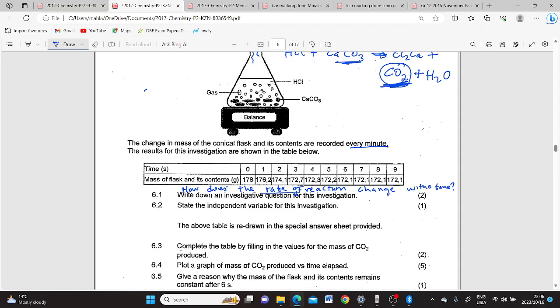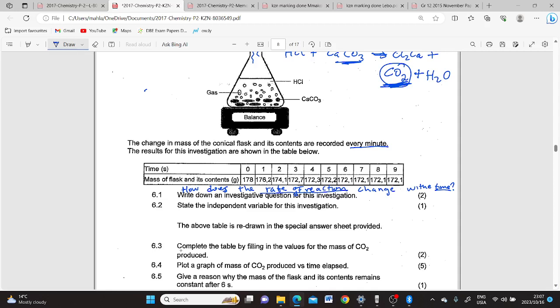The rate of reaction is our dependent variable, and time will be our independent variable. But normally we agree that when you say this, we need to have the independent and the dependent. The dependent variable is always the rate of reaction, but the independent is one of the factors that affect the rate of reaction.